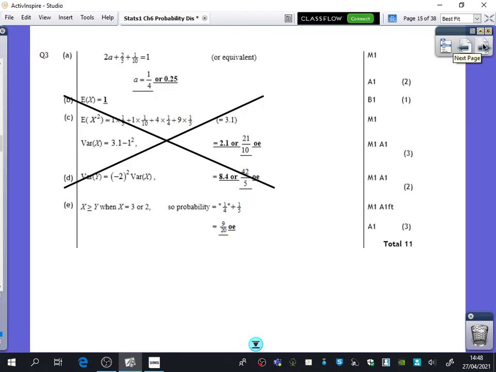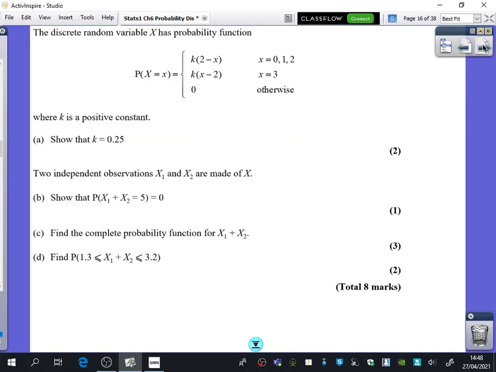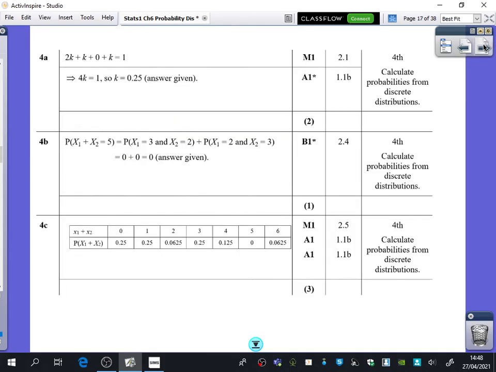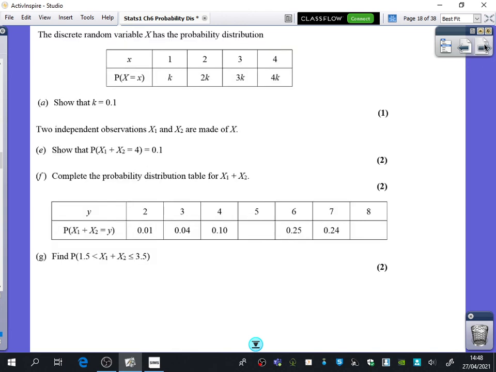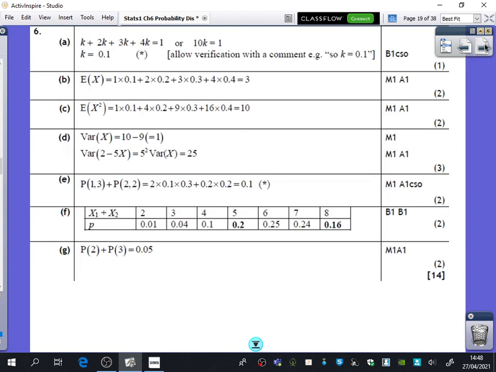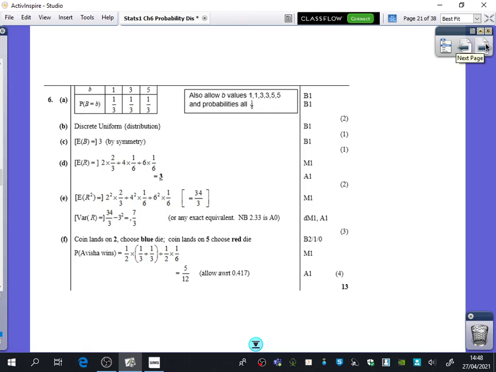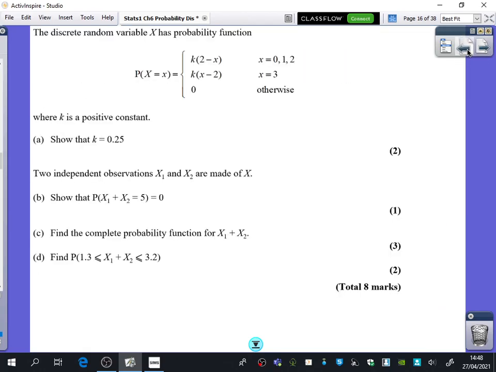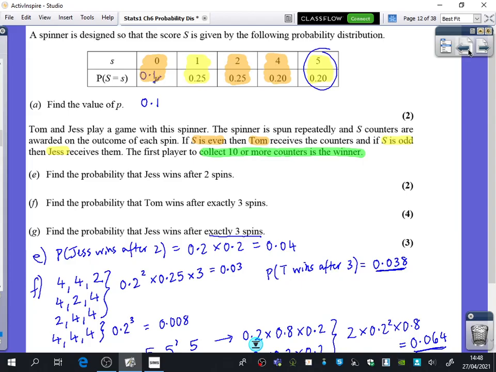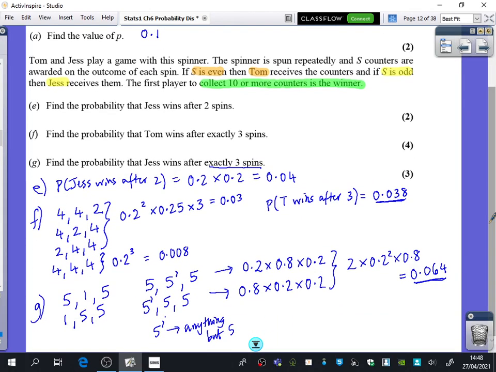I've got rid of some of the answers in the mark scheme because they don't apply to us. So these middle bits we don't need either. And then the last one. Okay, so I'll leave it on this one here. Let's go.